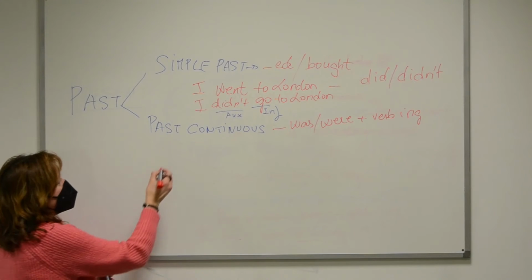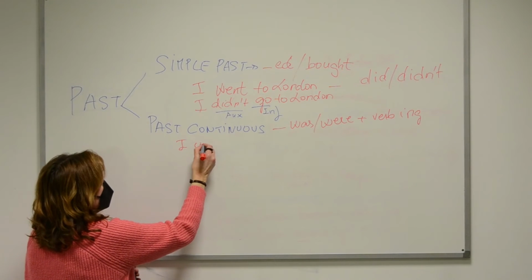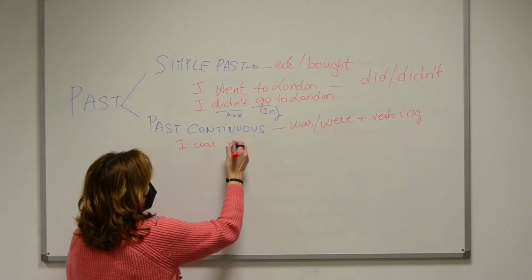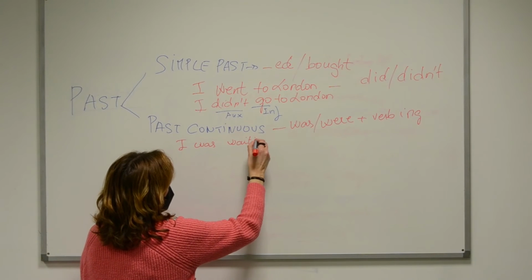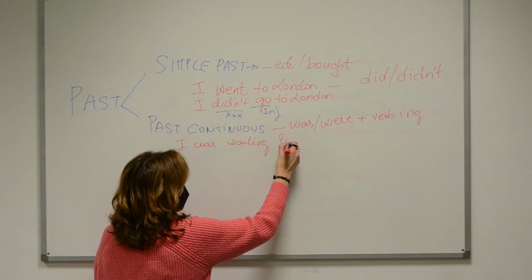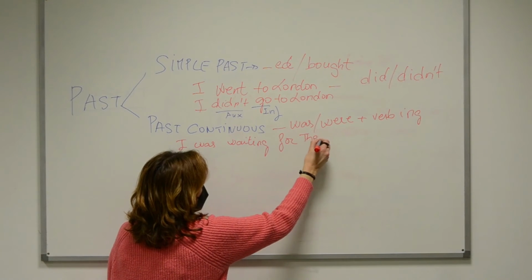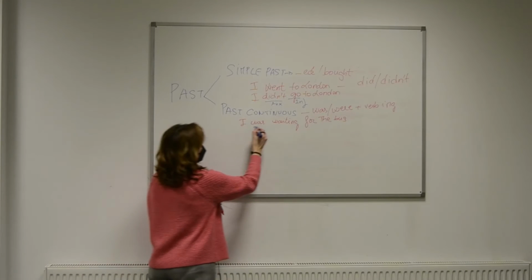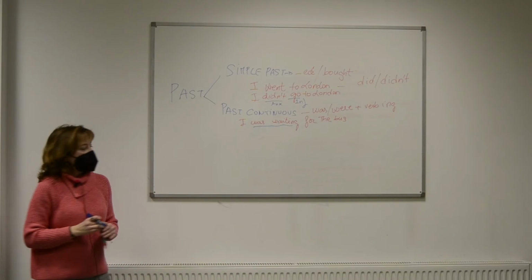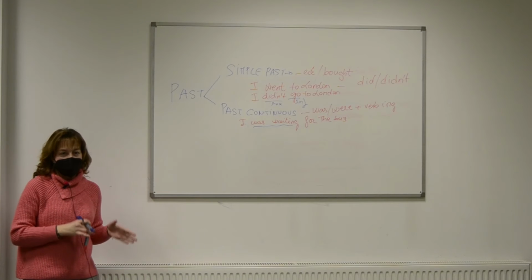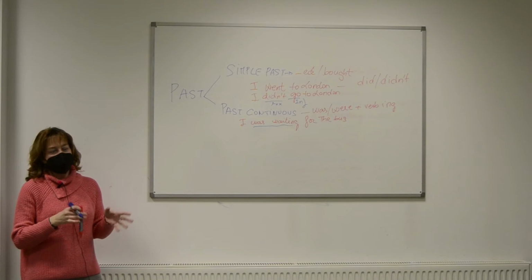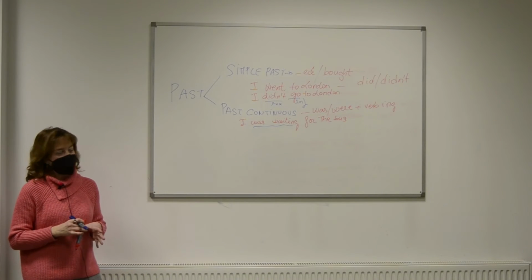For example, I was waiting for the bus. In this case, we have a past continuous. It's an action that is happening in the past, and its duration is in the past.